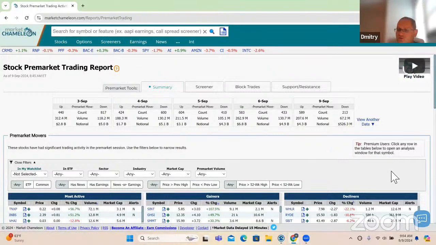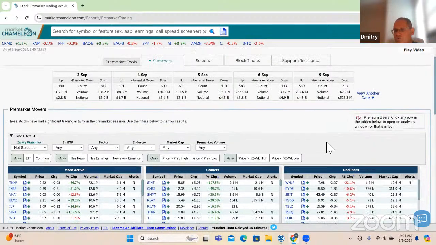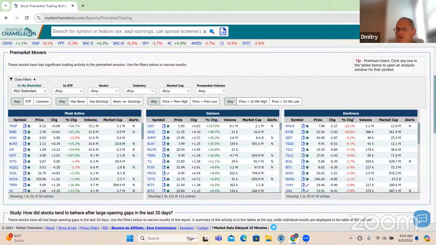Let me scroll down the page so we could get a more granular view of what's happening in the pre-market hours. Now what you see is stock symbols with price and price changes and volume in the pre-market trading.